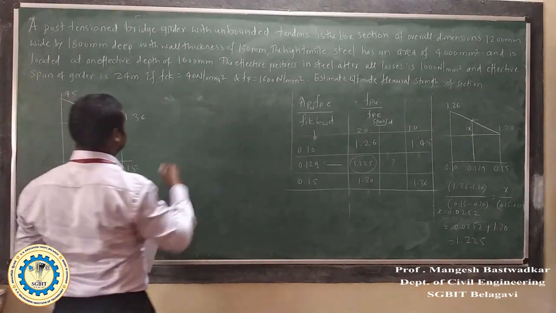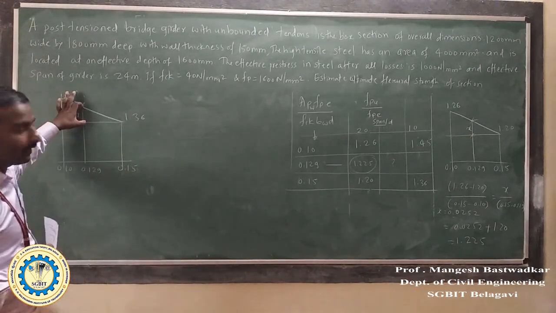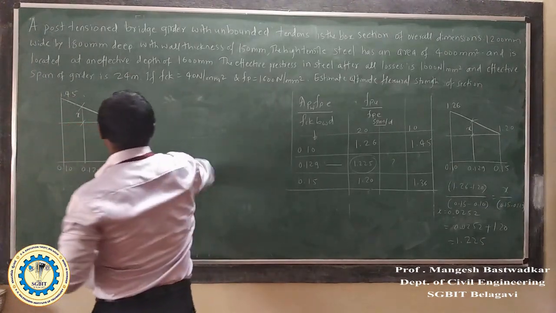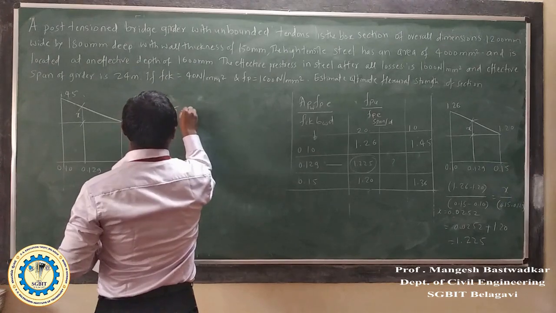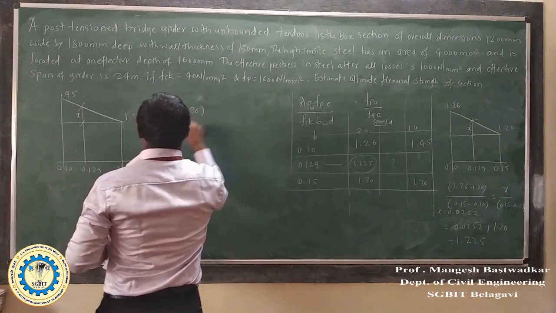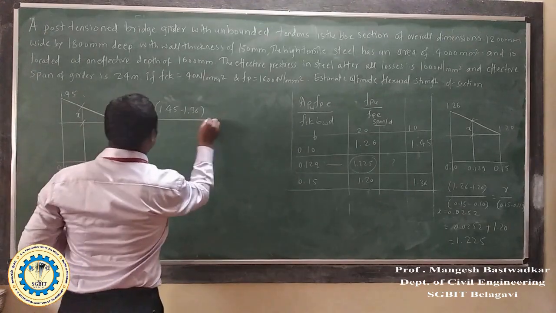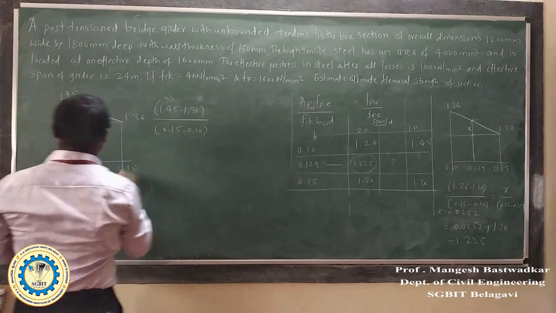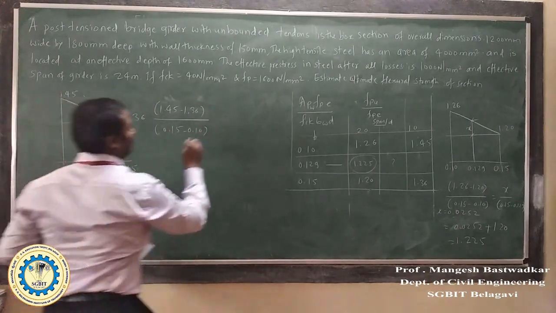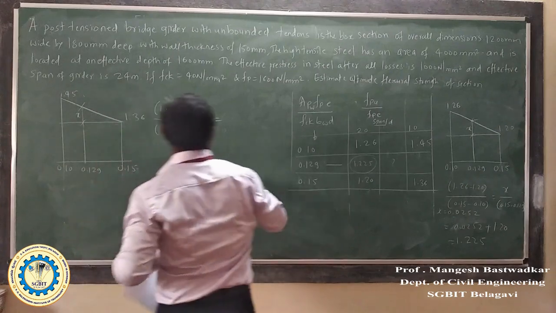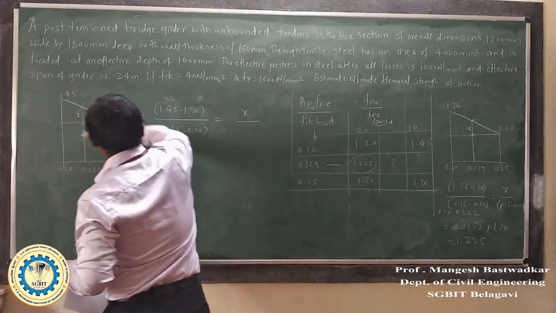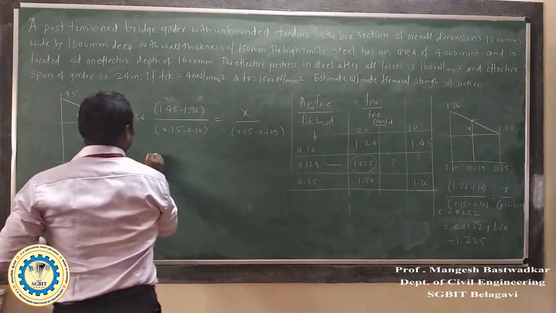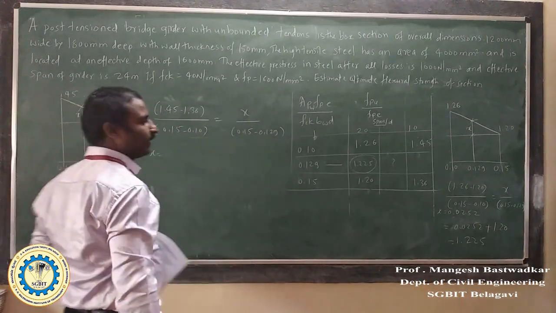Okay, so here we will calculate the x value again from the properties of similar triangles. This height divided by this base, so it is 1.45 minus 1.36. This height you will get. Then base is 0.15 minus 0.10, so you will get this width. Then it is equal to this height divided by this base, that is 0.15 minus 0.129. So the value of x you can calculate.